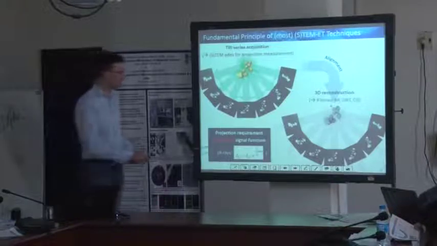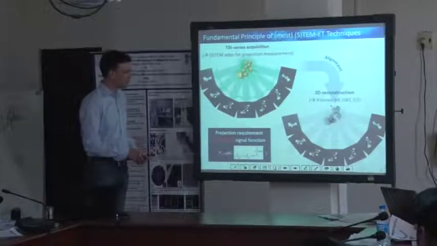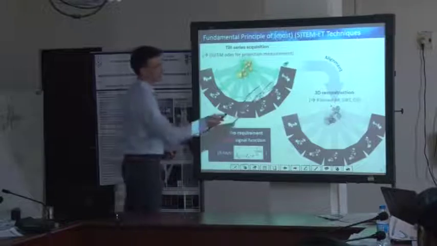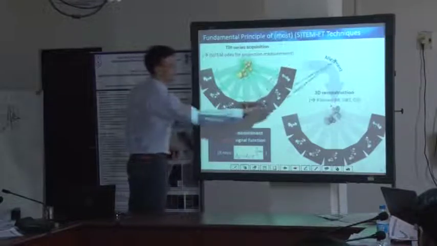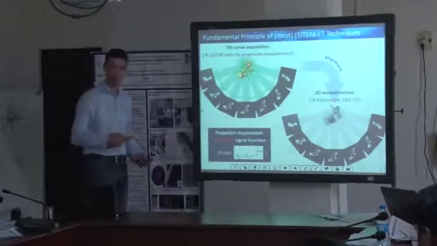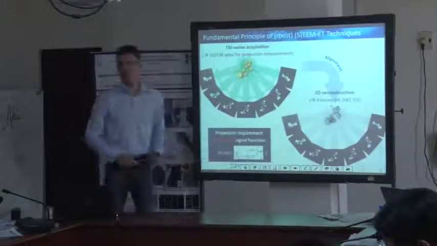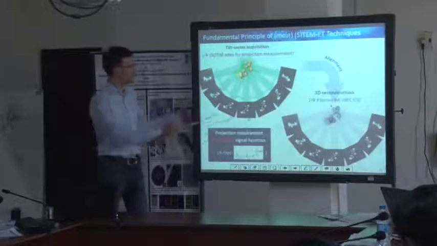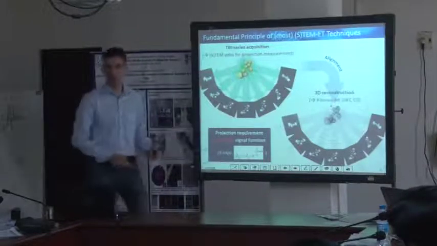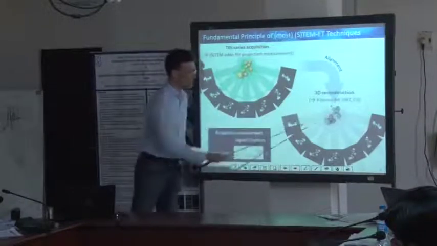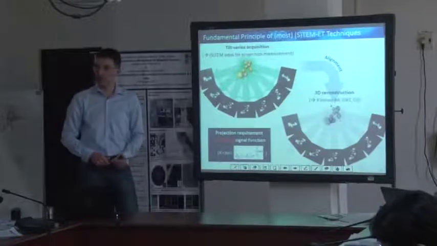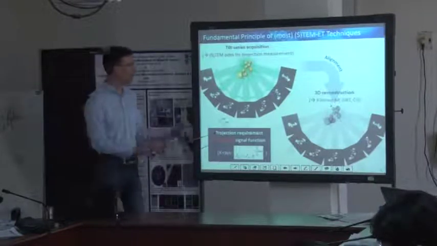There is a certain requirement to do such reconstruction. So the second step here is the alignment of the tilt series. And the third step, this is the reconstruction. So we use various techniques to project this intensity distribution back into real space to come up with a three-dimensional distribution of our physical property.